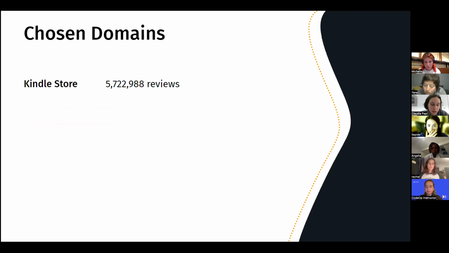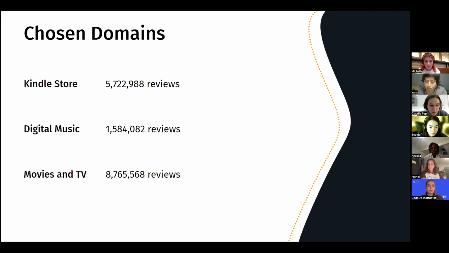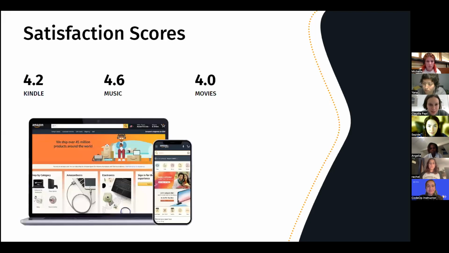So yeah, this was the Kindle data set. Then the digital music, and finally movies and TVs. And as you can see, it included a high number of reviews, which was a challenge, and we'll explain why that was the case. All the data sets include ratings, of course, by real users.